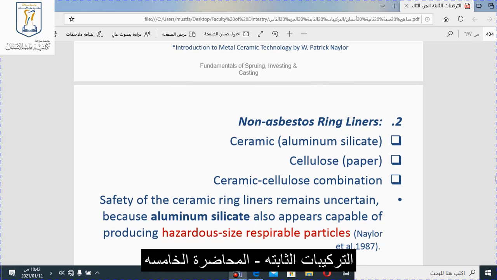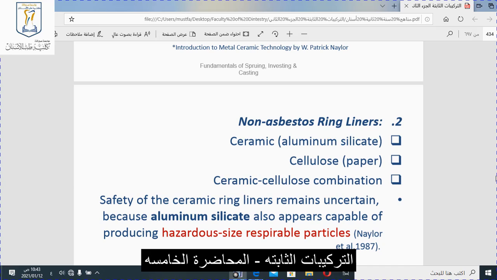Non-asbestos liner is ceramic aluminum silicate, cellulose paper, or a ceramo-cellulose combination. This is what is used nowadays because of the hazard. So it is either an asbestos-based ring liner or a non-asbestos-based ring liner: ceramic aluminum silicate, cellulose paper, or ceramo-cellulose.